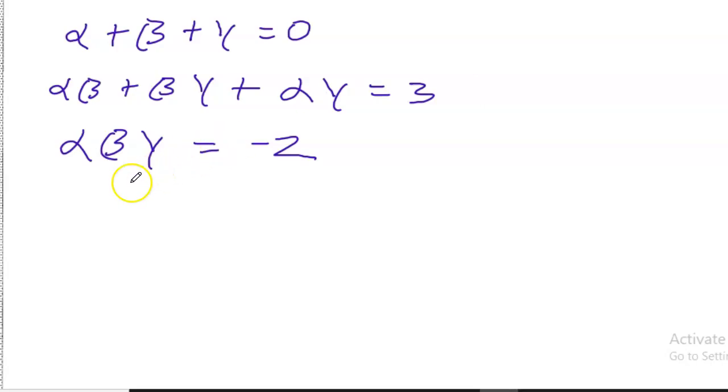Alright, so the cubic equation, let's put it up here.